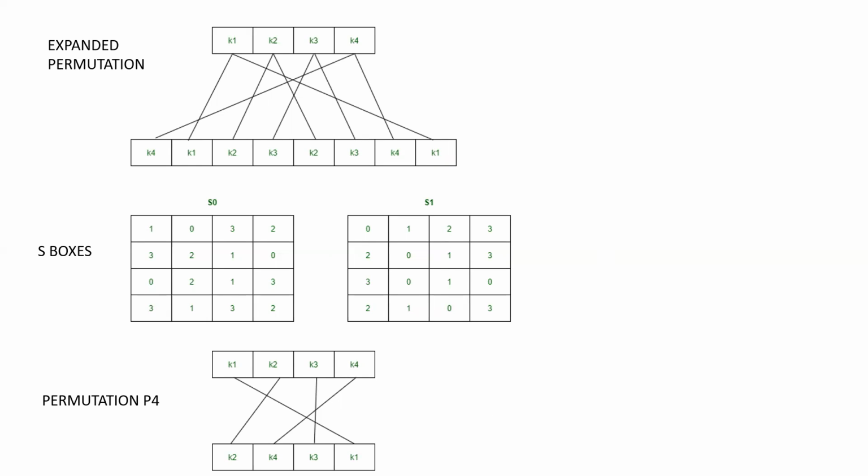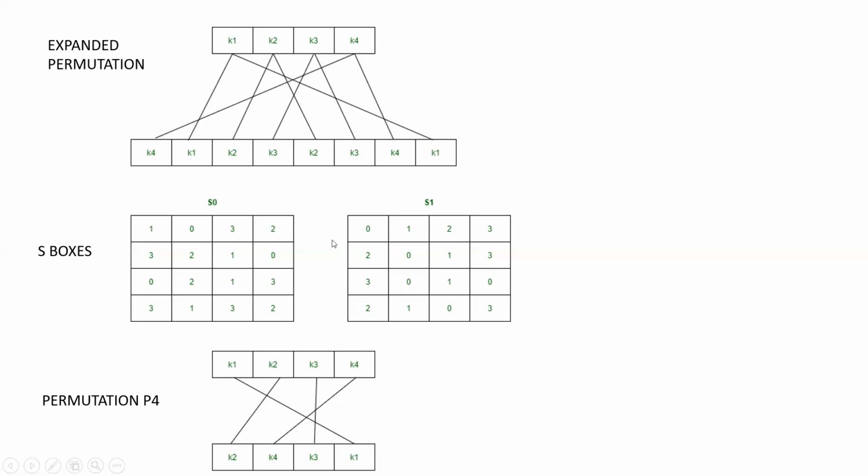So if the input is 0, 1, 0, 0, the first bit is 0 and the last bit is 0, and the middle bits are 1 and 0. So 0, 0 becomes the row and 1, 0 becomes the column. So the row is 0 and the column, which is 1, 0, is 2. So the value present at that particular location is considered after the S box.